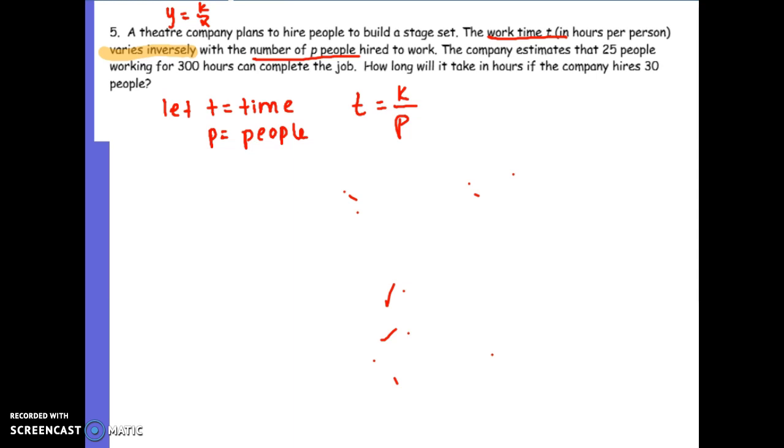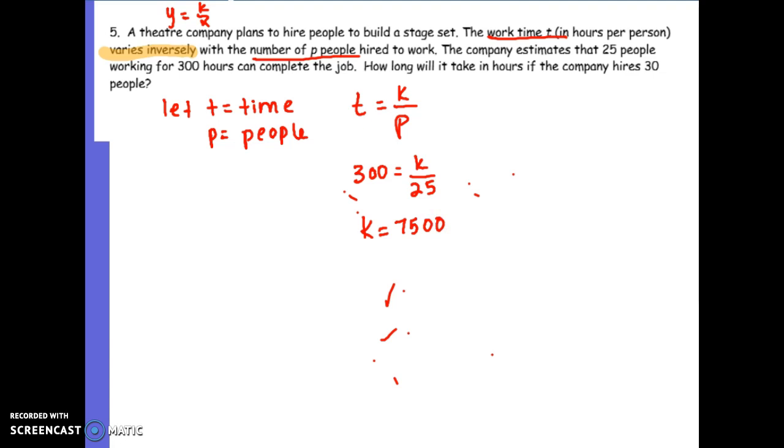The company estimates that 25 people working for 300 hours can complete the job. So 300 hours is equal to k divided by 25. If we multiply both sides by 25, we end up with k being equal to 7,500.